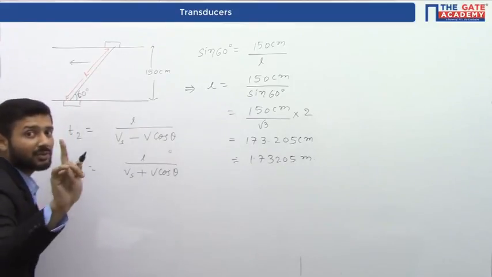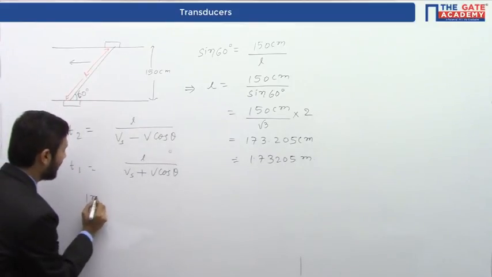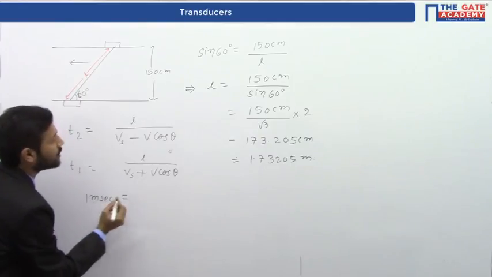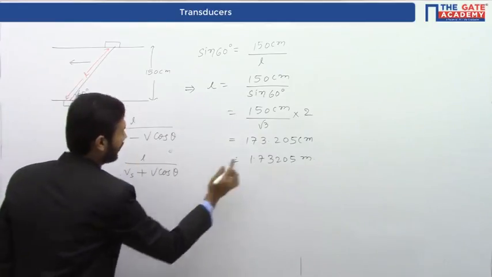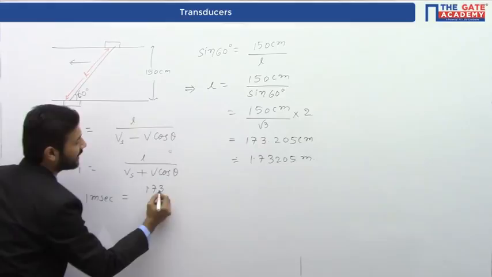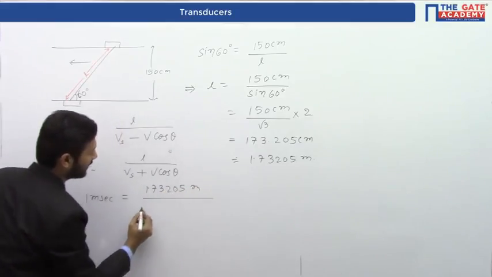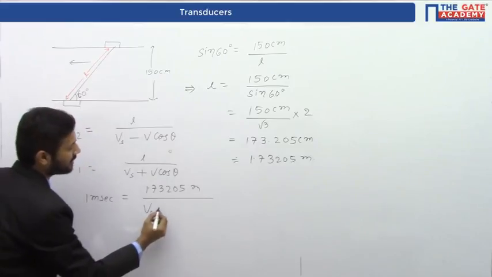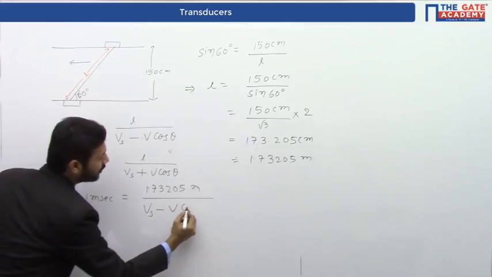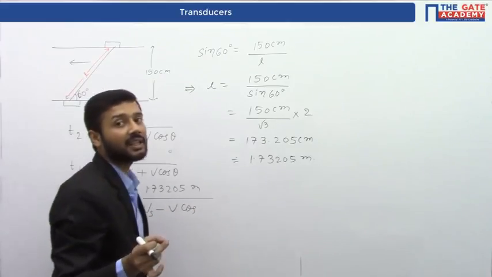T2 is given as 1 millisecond. So 1 millisecond equals this L we have already found, 1.73205 meter, by Vs minus V cos theta, where theta is 60 degree.